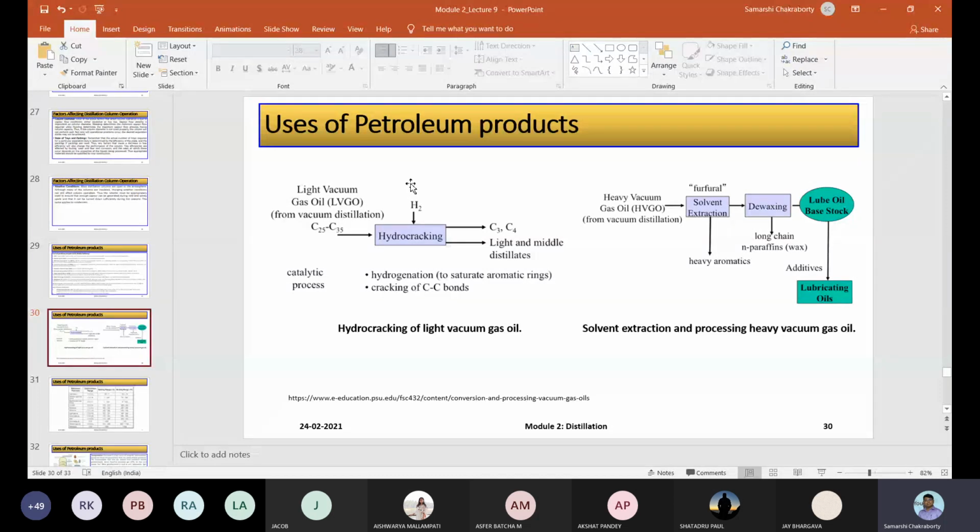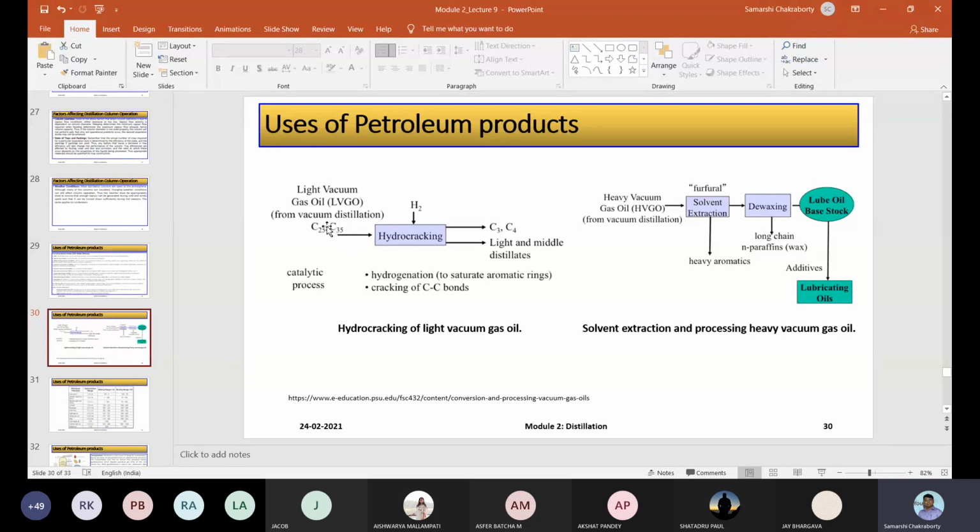It has to go through a little more purification, and then it can be directly used as a lubricating oil. But if you sell it as a lubricating oil compared to selling it as middle and light distillate, the cost return is going to be more.